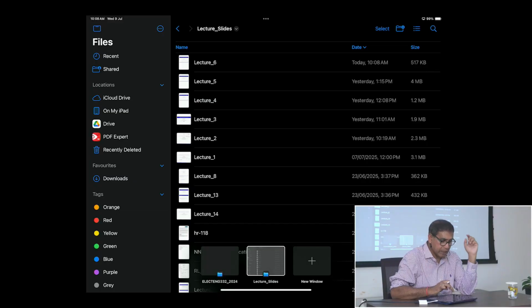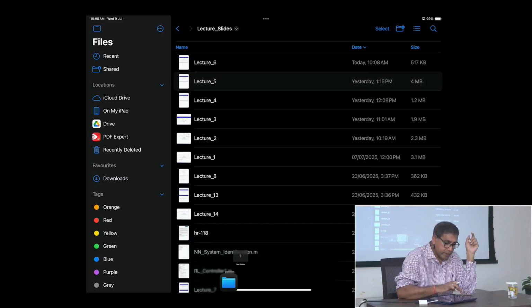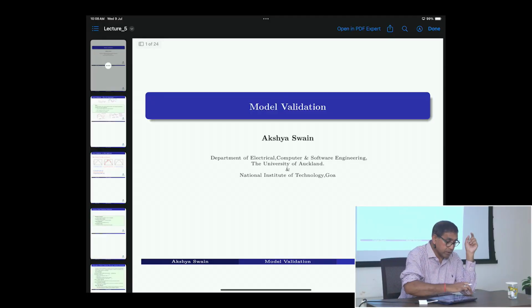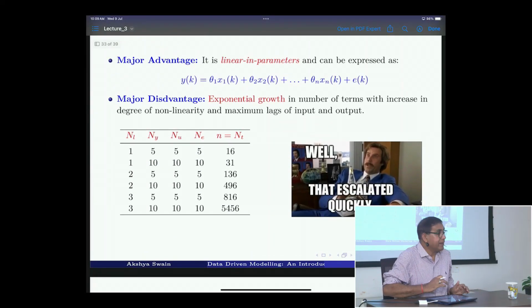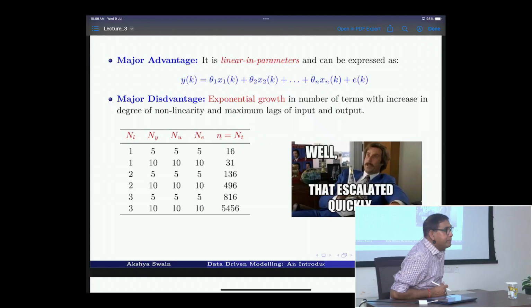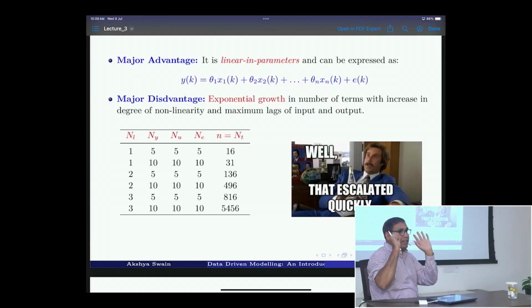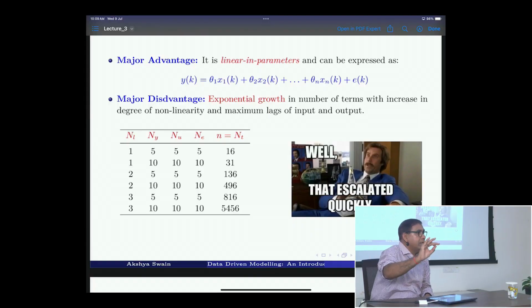Yesterday I was teaching that you just do trial and error. You sit at the computer, you first fit a first order model, not good, second order model, third order model, fourth order model, and at least fifth order, sixth order is fine, right?